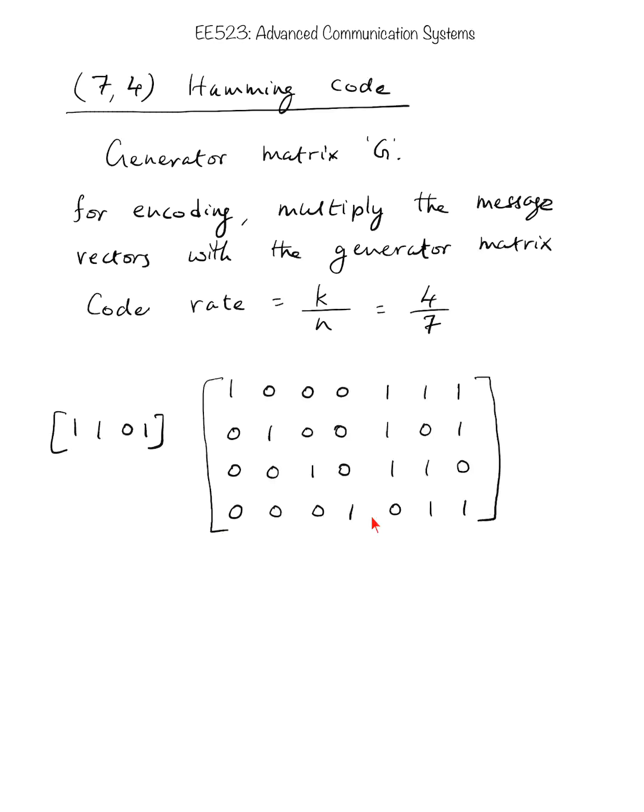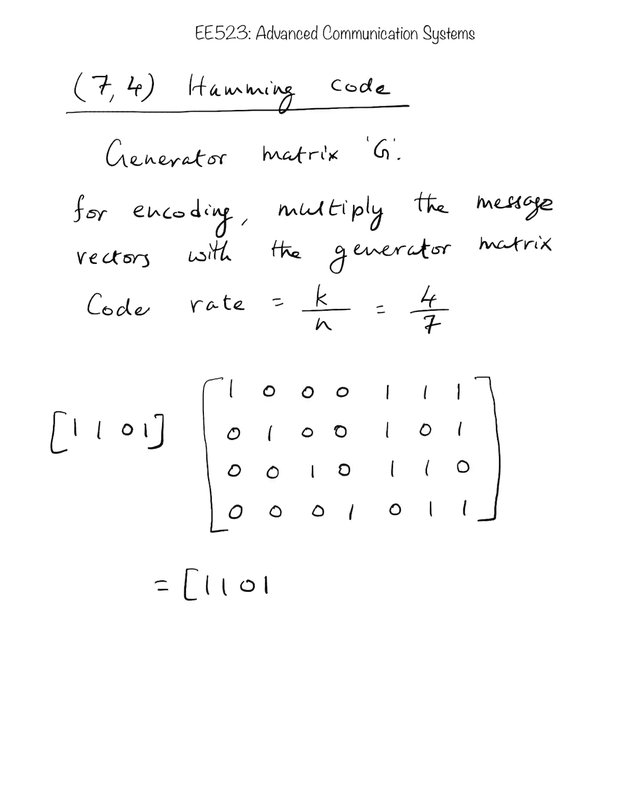Because the first part of the matrix is an identity matrix, the first 4 bits will be identical to the message bits. So we'll have 1 1 0 1. Then you have the multiplication of this vector with the columns of the parity matrix. 1 into 1 is 1, plus 1 into 1 is also 1, so 1 plus 1 is 2. 0 into 1 is 0, so 2 plus 0 is 2, and 1 into 0 is also 0.